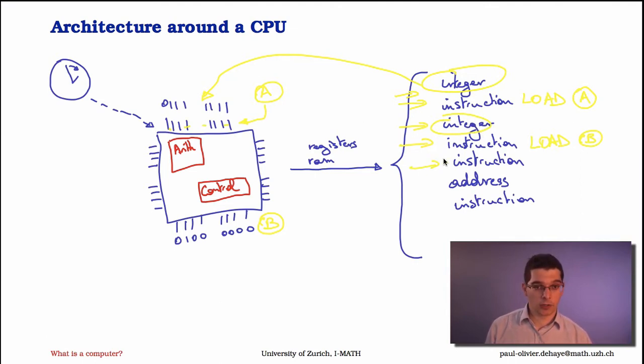And then the next instruction might be perform a sum. Sum here refers to a specific instruction in the instruction set of the CPU.